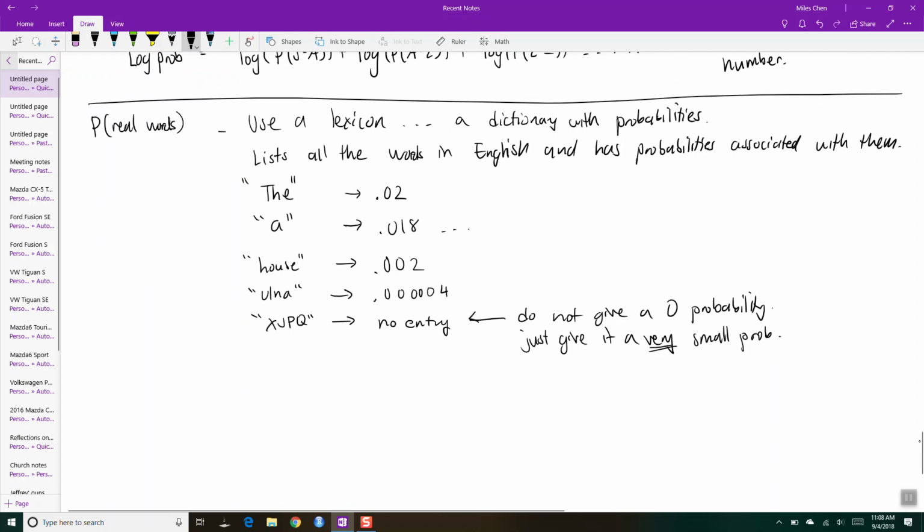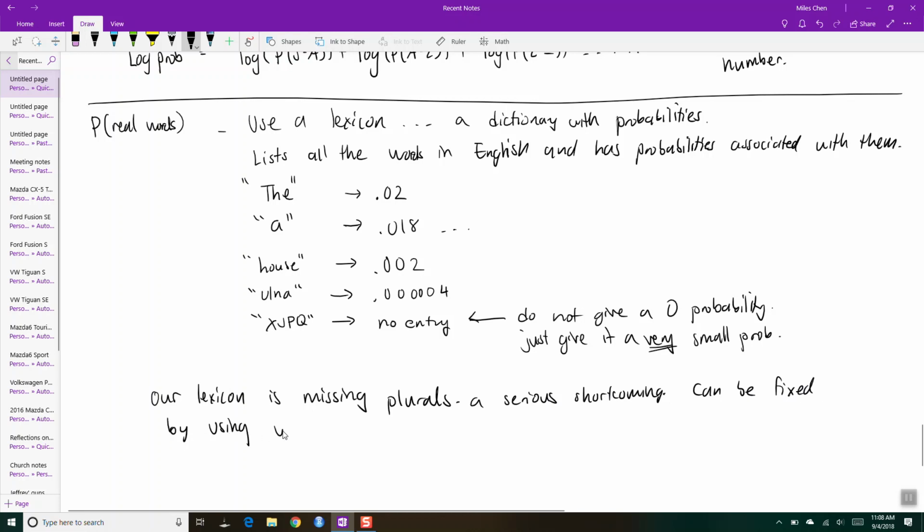I didn't feel like going through the effort of fixing it. It works good enough, but our lexicon doesn't have plurals, which is a serious shortcoming that can be fixed by using word stems. But I have not implemented it.